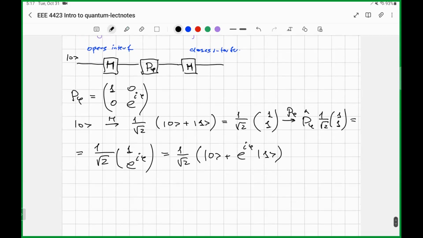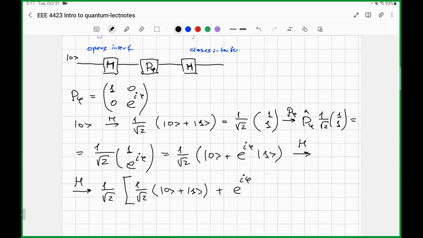Then I apply another, closing Hadamard gate to this state. I get 1 over square root of 2 times 1 over square root of 2, state 0 plus state 1, plus e to the power of i phi times 1 over square root of 2, state 0 minus state 1.